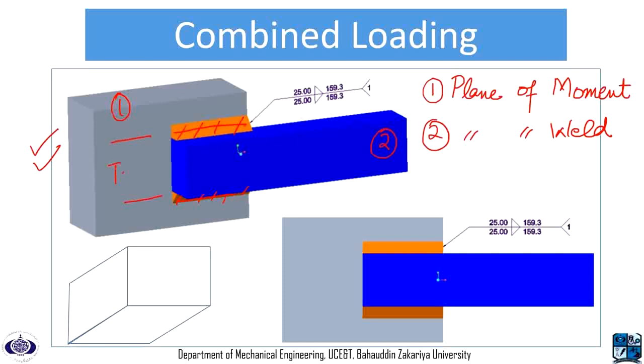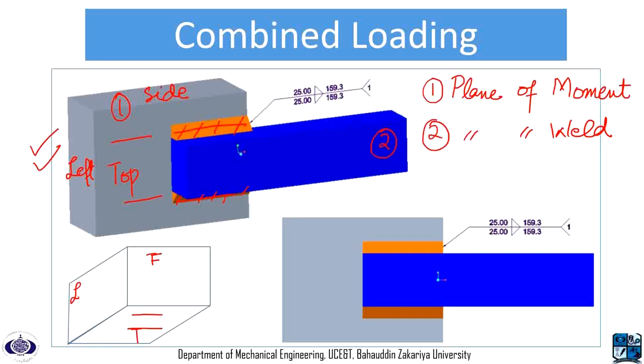For example, if this is our top plane, this one is our front or side plane, and this one is our left plane. Then the profile of the weld is in the top plane.